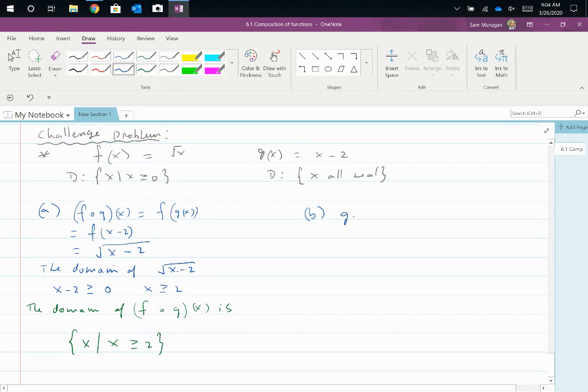And we're just going to consider one other case, g of f of x. So again, this is the g function substituted with the f function.